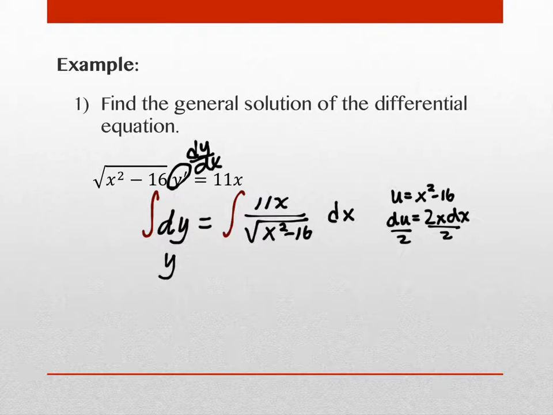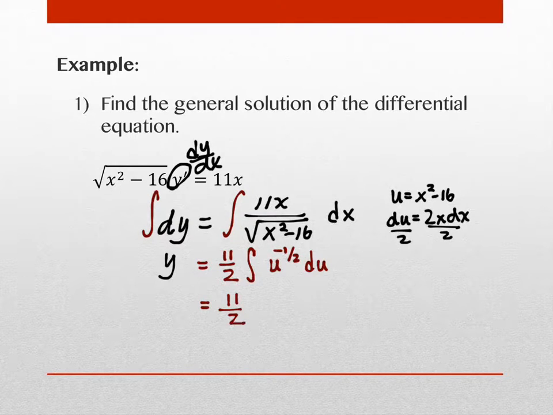All right, so I have on the right-hand side an 11 over 2 that I kind of like to write in front. It's an antiderivative of what? U to the negative 1/2, yes, du. And I think that, Evan, you were kind of trying to already tell me what the antiderivative was. Is that true?